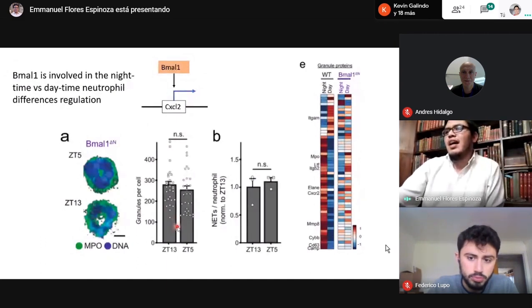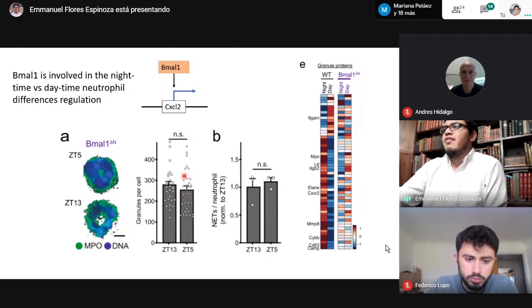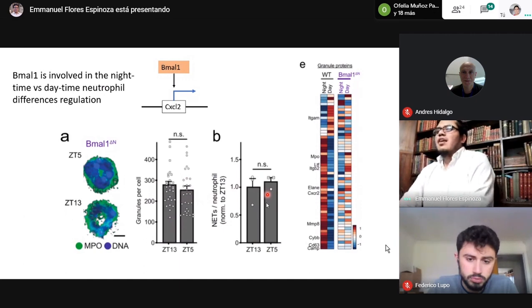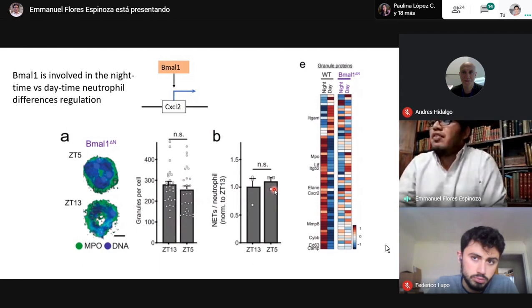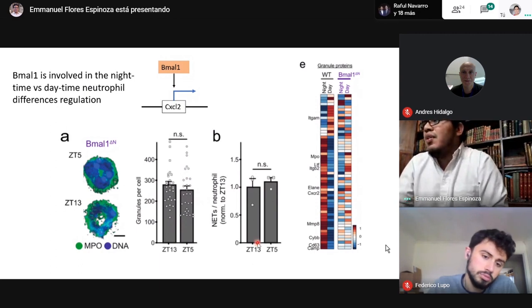The same quantity of granules, and also the differences seen in NET forming capacity by these neutrophils at different times are not seen when you don't have Bmal1.